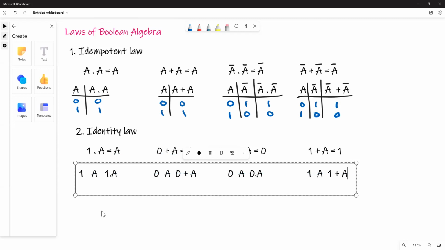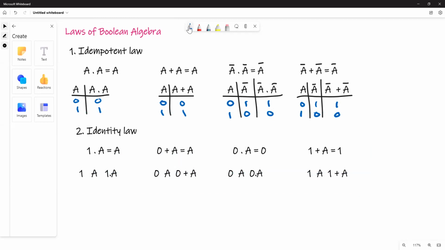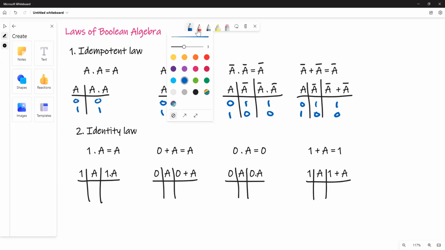Right. So let's draw the truth tables. That is the first one. We have 1 and A. What is 1 plus A? Here we have 0, A. What is 0 plus A? Here we have 0, A. What is 0 multiplied by A? Here we have 1, A. We need 1 plus A. So now just put the values here.